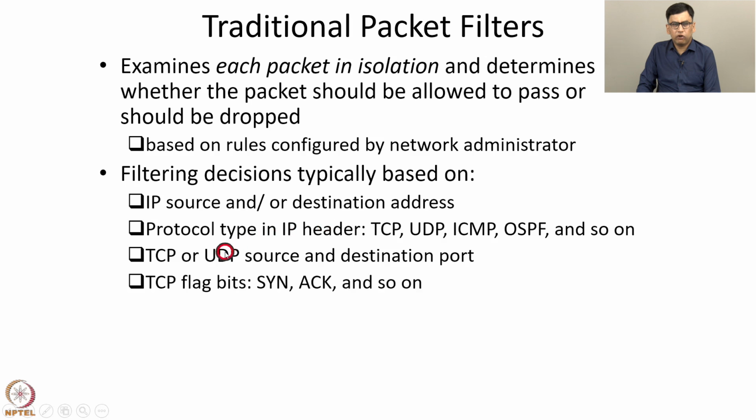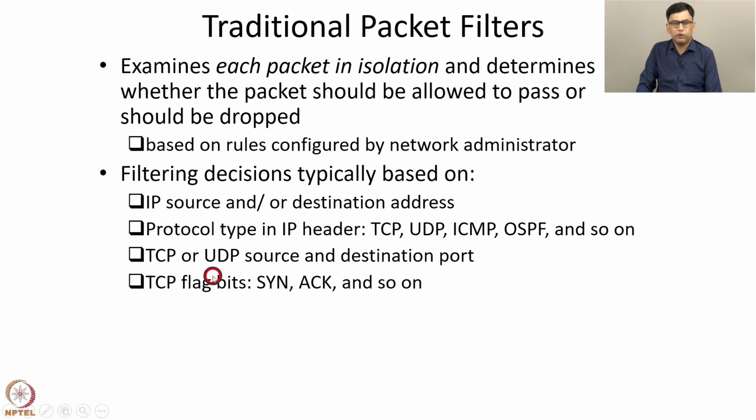Then filtering decisions are also based on TCP flag bits such as SYN, ACK, and so on. If the SYN bit is 1, then that indicates that this is a part of a TCP connection establishment phase. We'll see later that by looking at whether the SYN flag is 1 or not, we can decide to let a TCP connection start or not let it start.